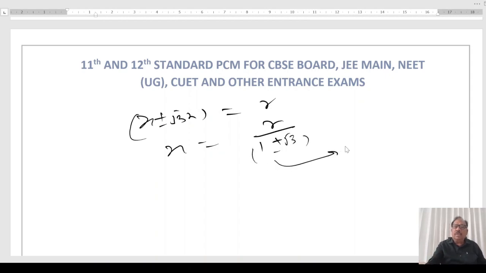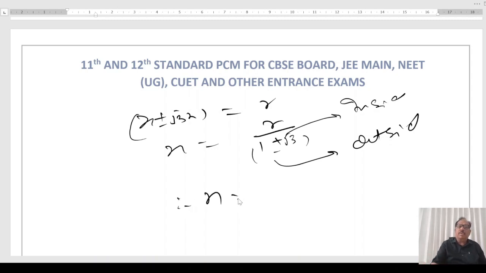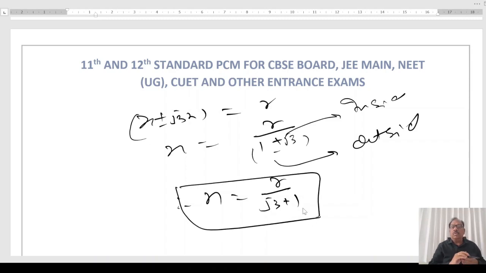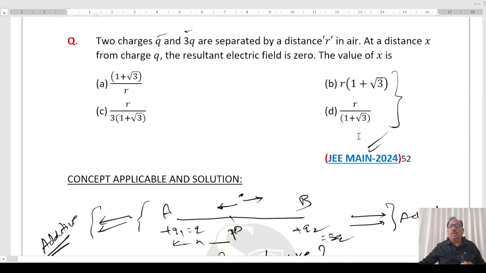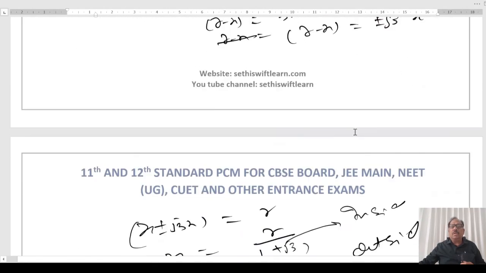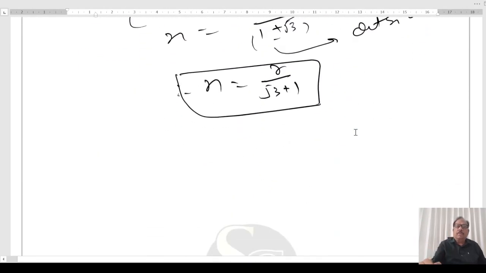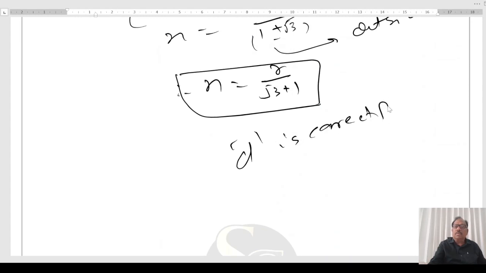For negative sign, it will be outside. For positive sign, it will be inside. Therefore, x will be equal to r upon root 3 plus 1. Right? D is the correct answer.